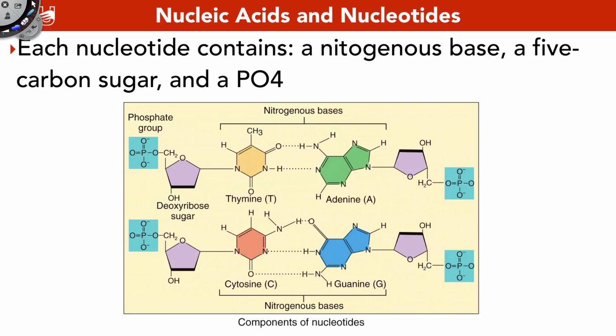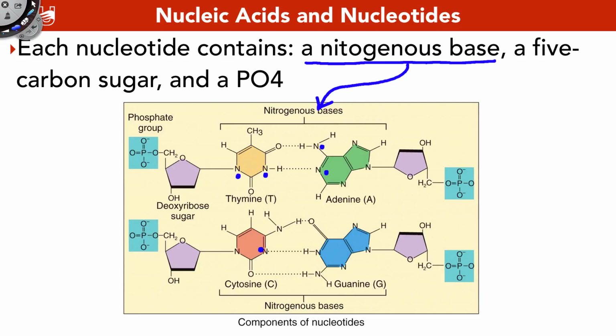It has a couple parts here. We have a nitrogenous base. Okay, means it has nitrogen in it. So here, you've probably heard of A, T, G, and C. Those A, T, G's, and C's are our bases, and they're chock full of nitrogen. Do you see how we have a nitrogen here and a nitrogen here? And lots of nitrogens. We also have a lot of hydrogens here as well.